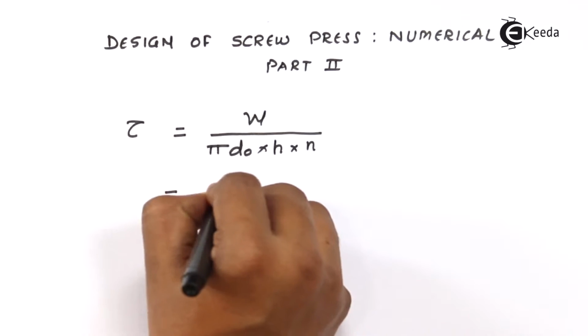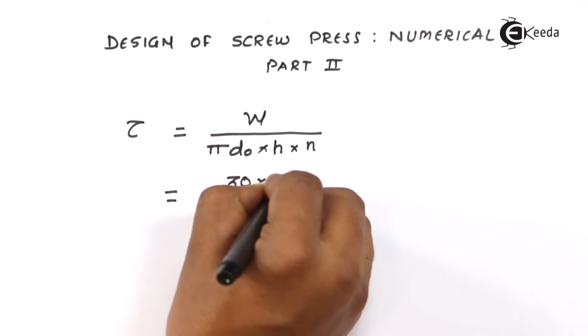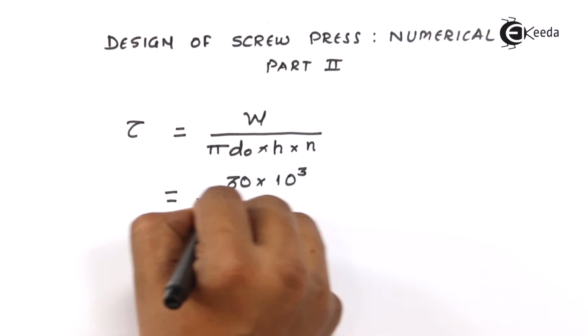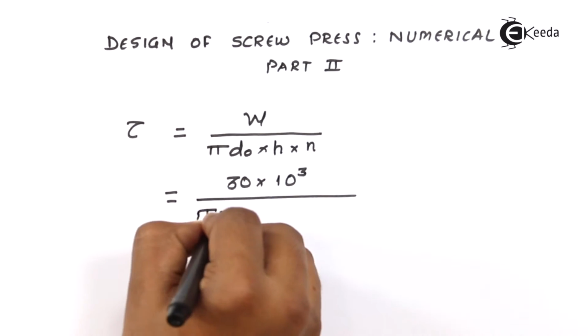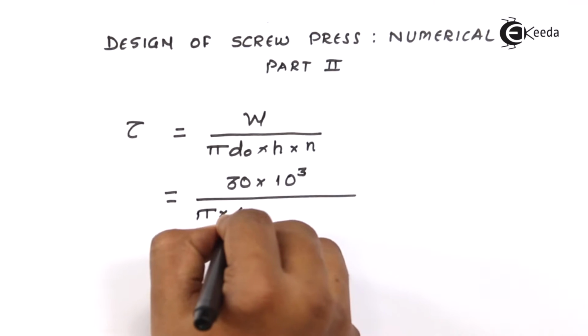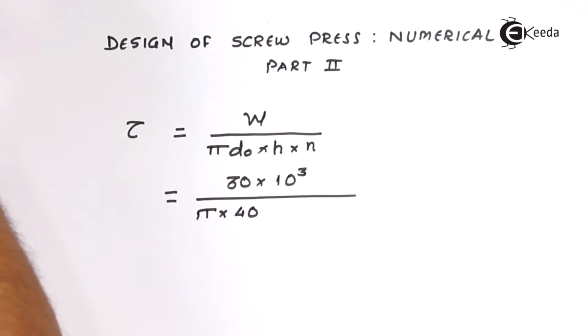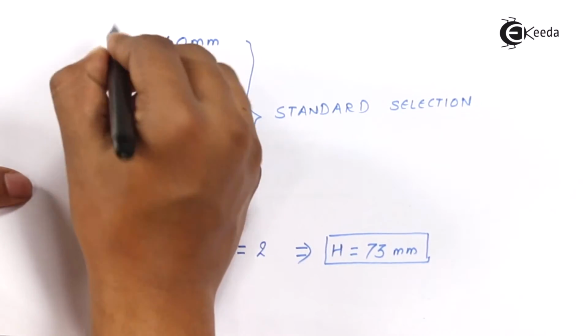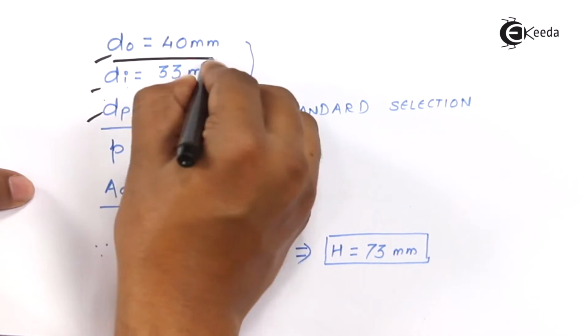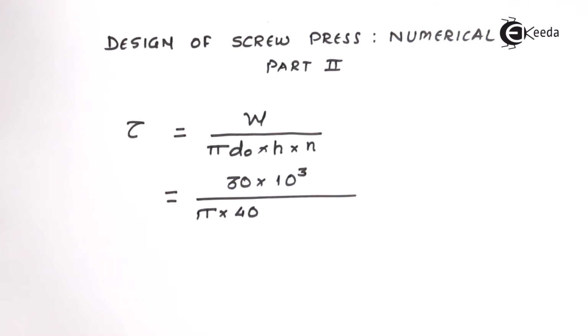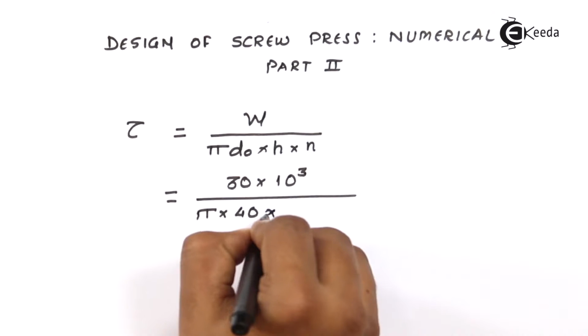So let us substitute the values that we have. The value for the outer diameter we have already found out, if you can remember it. We had certain findings, so based on that we are using this particular value of diameter. So it's 40.